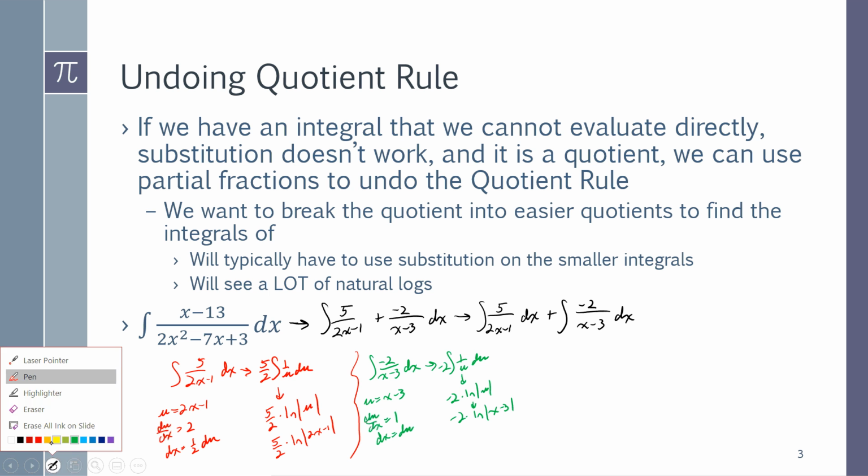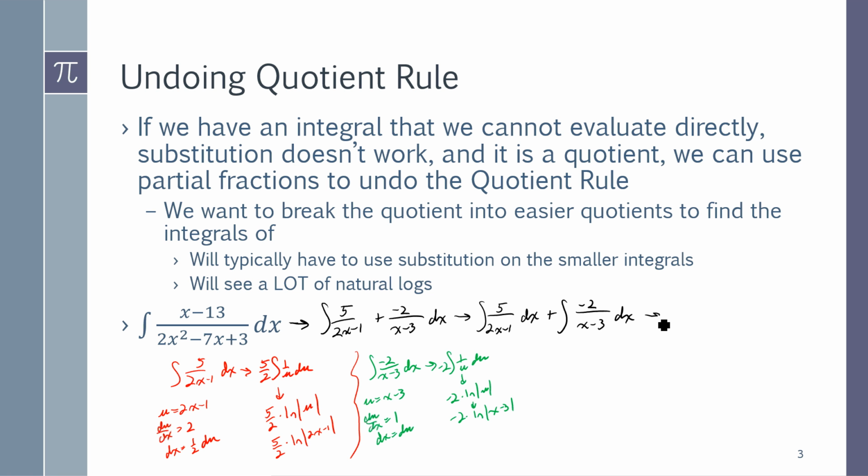So from all of that work, I get 5/2 times the natural log of the absolute value of 2x minus 1 minus 2 times the natural log of the absolute value of x minus 3 plus c. And there is my antiderivative.